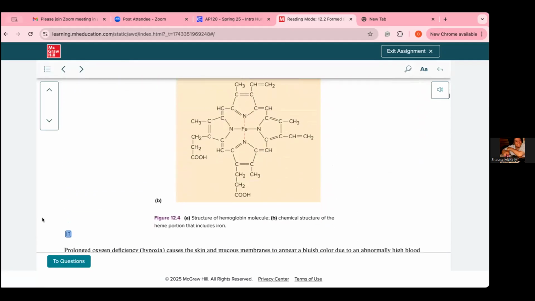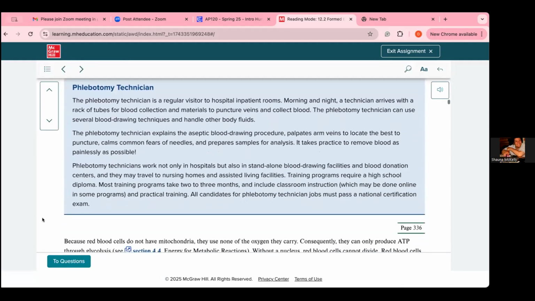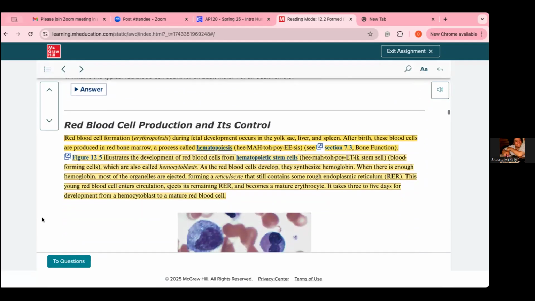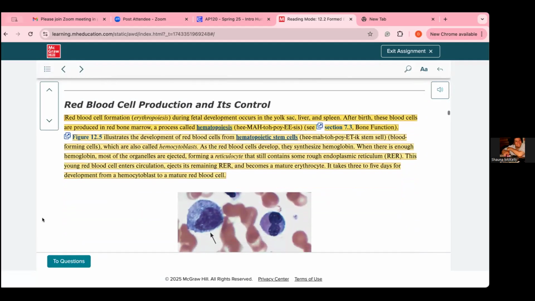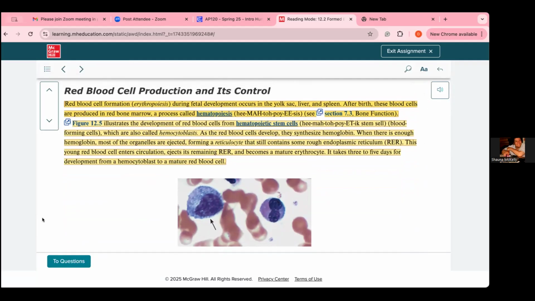We read that too. And then, okay, this is about how the reticulocyte becomes the erythrocyte. Okay, but we need something about vitamins.